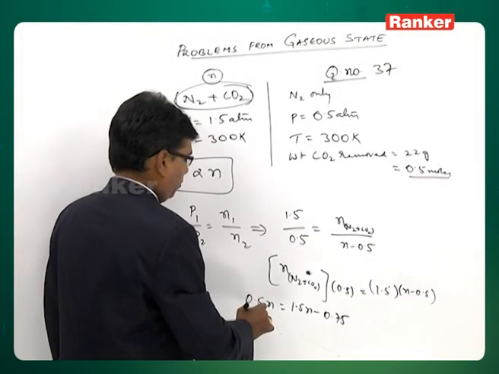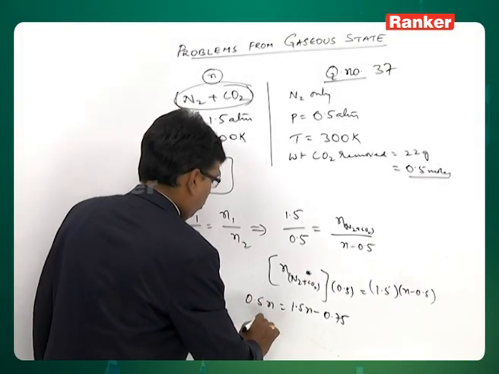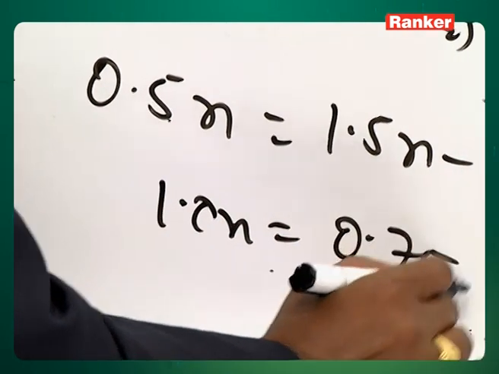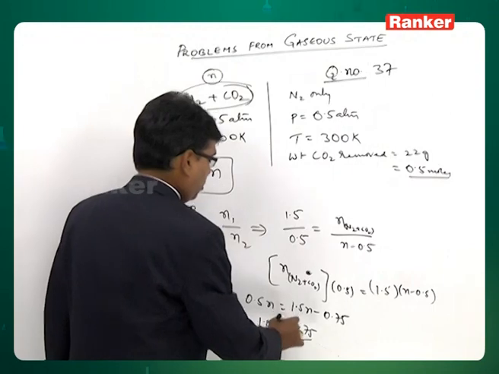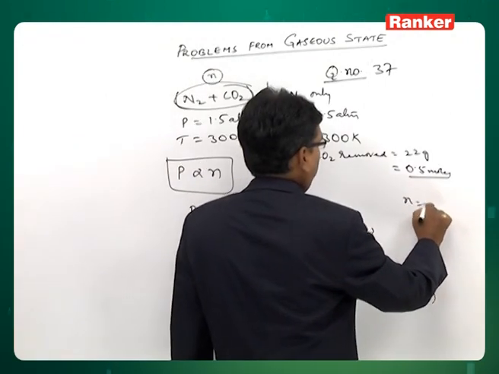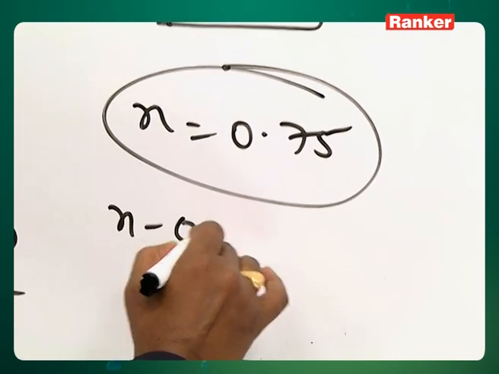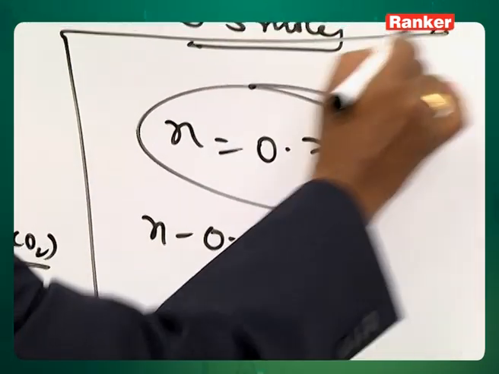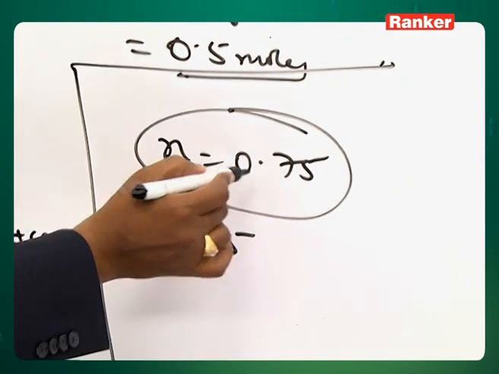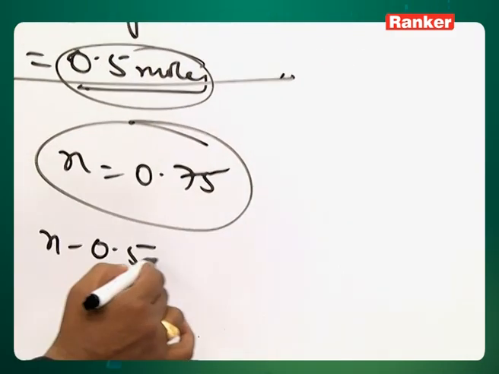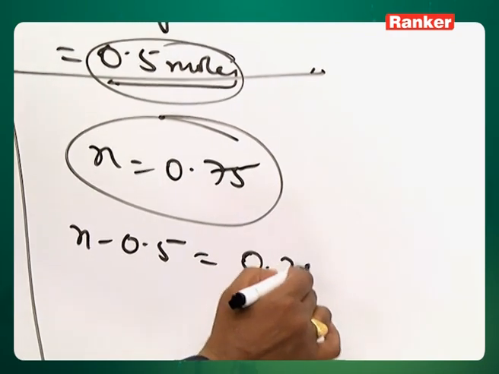So, from this, N is equal to 0.75. So here your initial number of moles is 0.75. Now carbon dioxide removed is 0.5, so N minus 0.5 is 0.25.